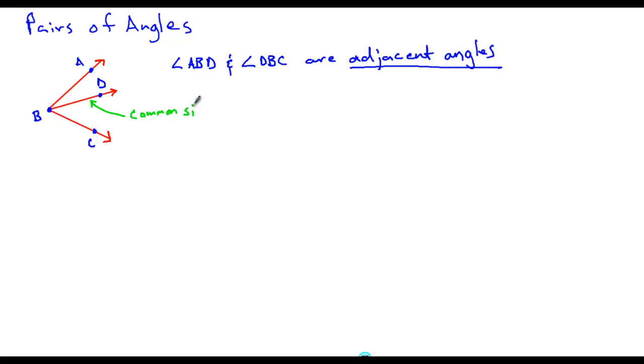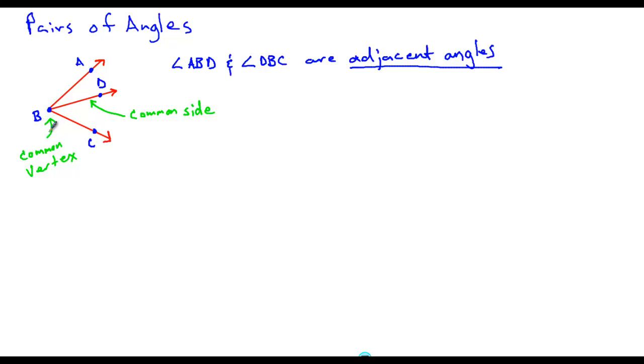This that you know is the vertex is called a common vertex. Okay, and that just means that both angles share that vertex.